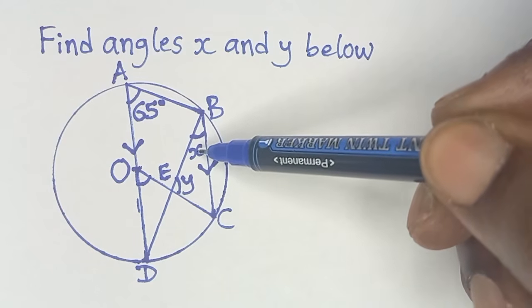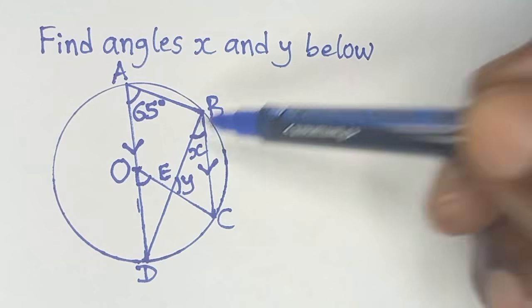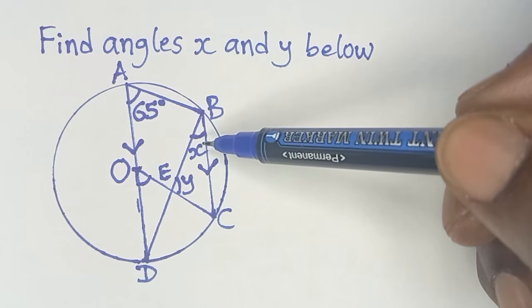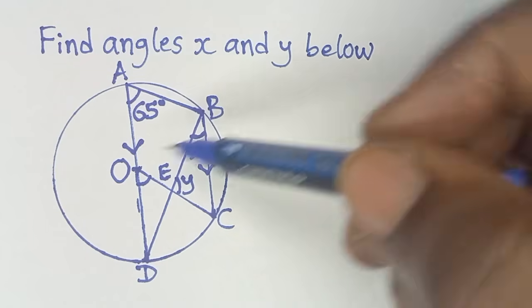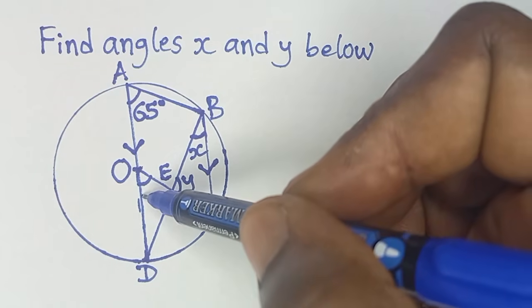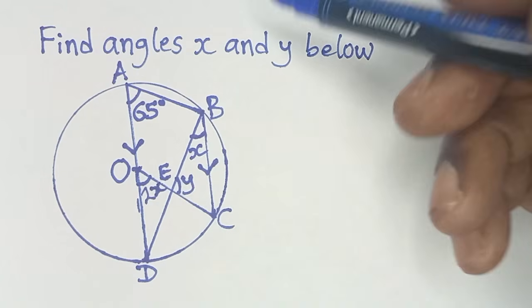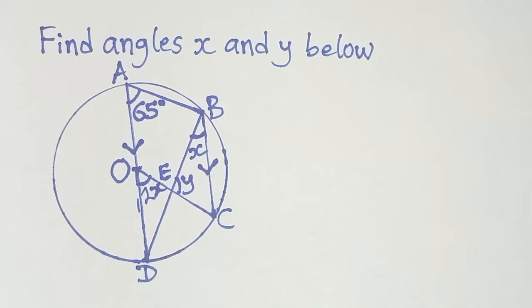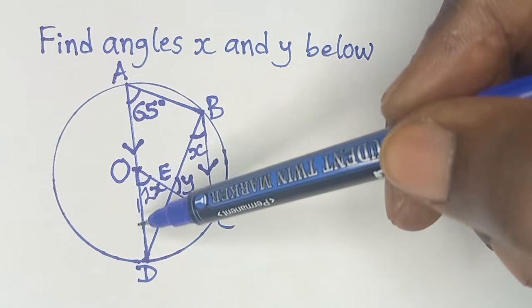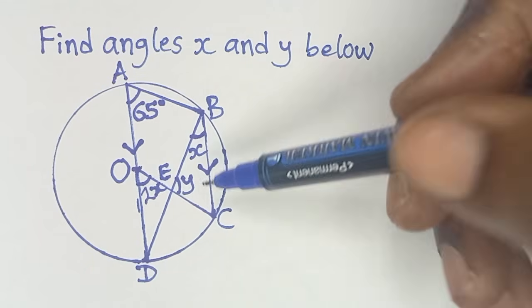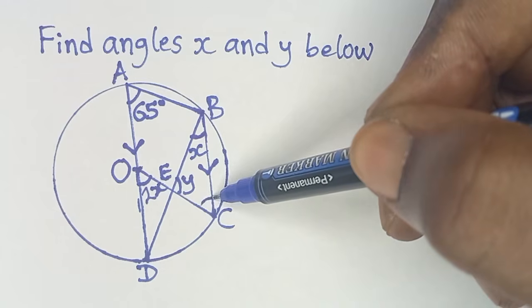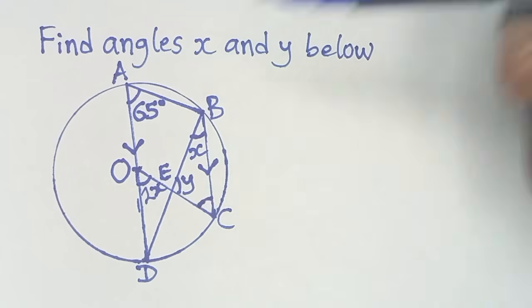So twice the angle at the circumference, which is x, will be 2x. So the angle at the center is 2x, and that means this angle here is 2x. Then you also agree with me that this angle 2x and this angle are alternate angles, just like I mentioned before.